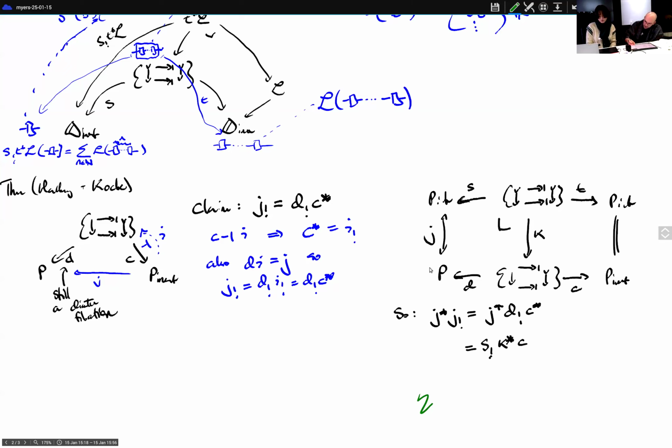And then I have my C star. But then C star K star is just equal to T star. So there you go. There's our proof that the monad is like that.